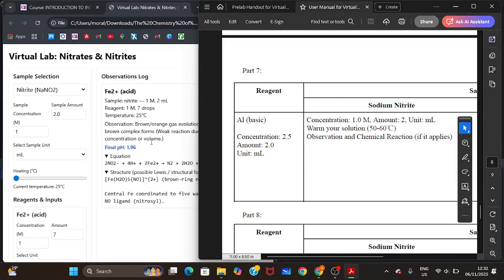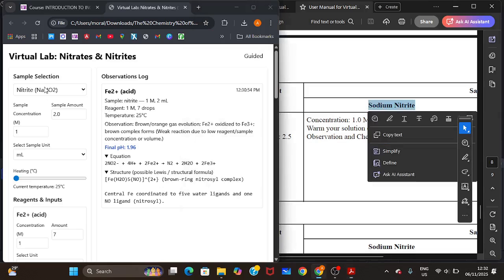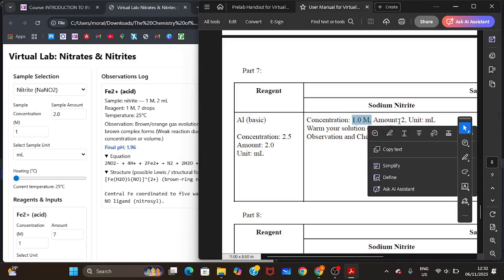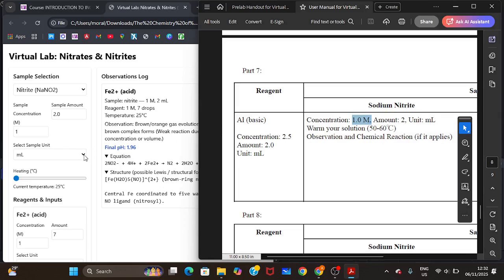Okay, so for you guys to be able to run this particular reaction, again, you simply have to look for your sodium nitrate, which is, conveniently, already here for us. And then you simply adjust the concentration, the amount, and the unit. Okay, so concentration remains the same. 1 M, amount, you need 2, and unit is in mL or volume, right? So it's already done for us here from the previous one that we just did.